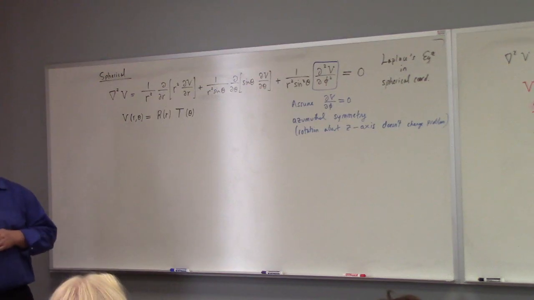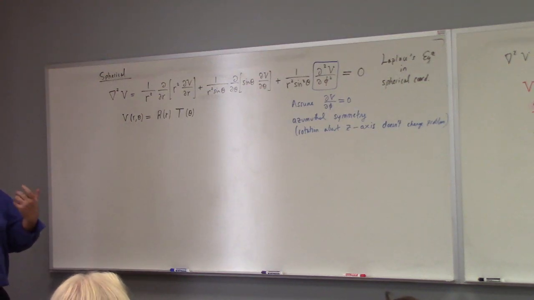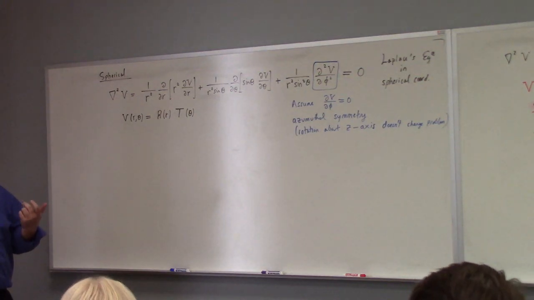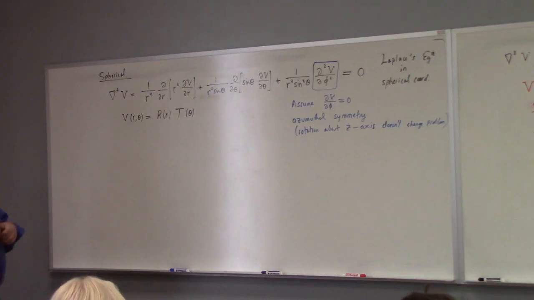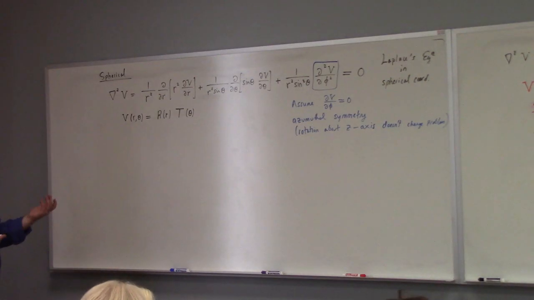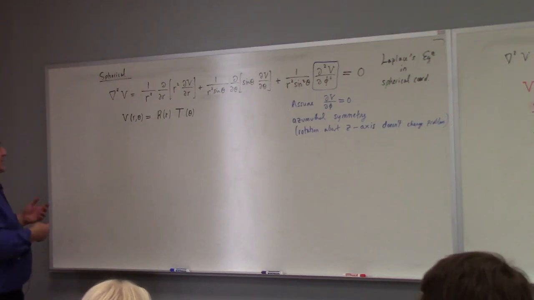That's not the greatest move because in other places where you do this kind of math, you might have a time dependence, and you might want to save big T for your temporal part of the solution. But here, this is electrostatics, so we've got no time.